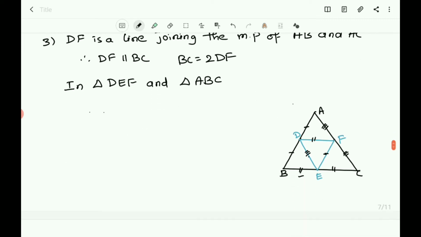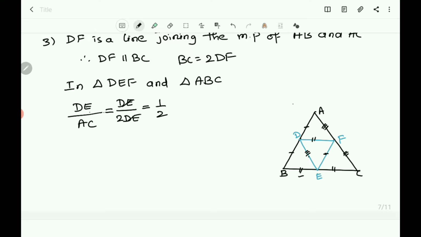So first, the ratio DE by AC. You know that AC is twice of DE, so DE by 2DE, DE cancels, and what remains is 1 by 2.